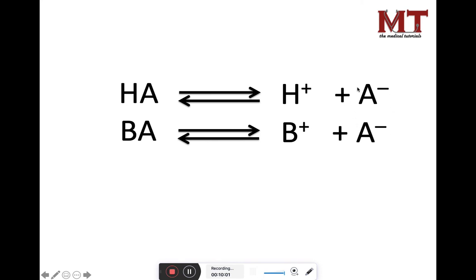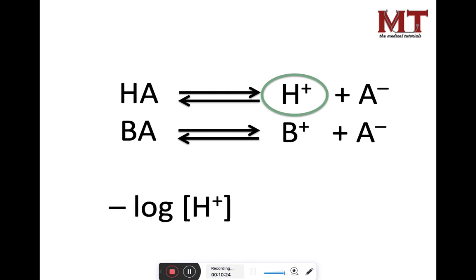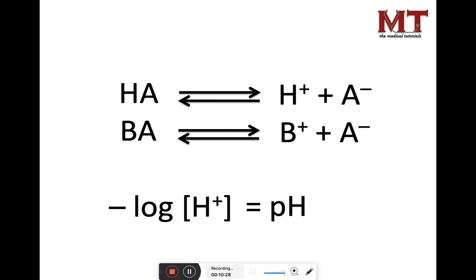Because the anion is common, the dissociation of the weak acid tries to decrease the dissociation of the base, and the dissociation of the base tries to decrease the dissociation of the acid, and they reach an equilibrium. So when they reach an equilibrium, there is some H+ concentration of this medium, or you can say there is a fixed pH of this medium.